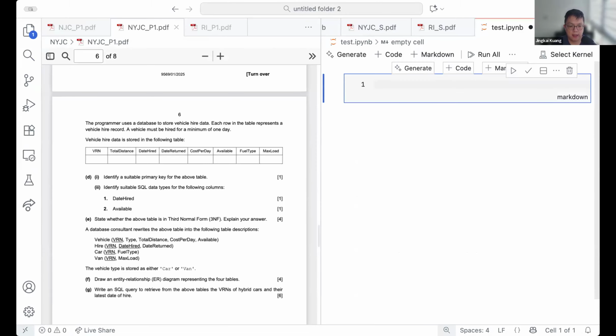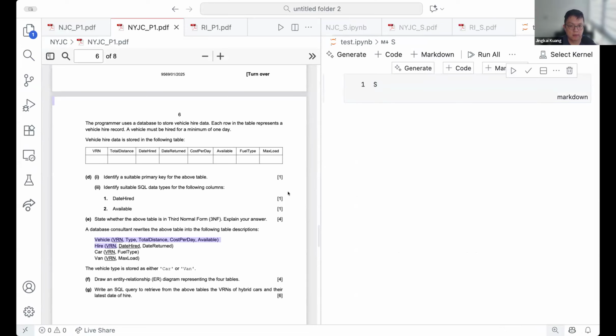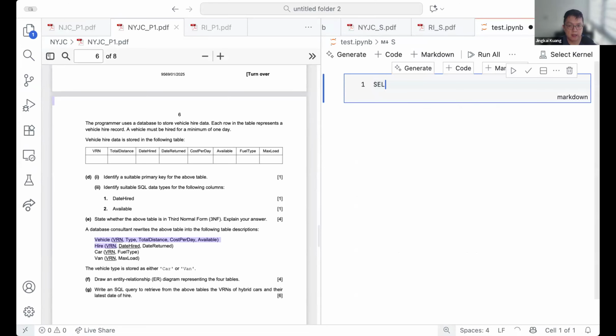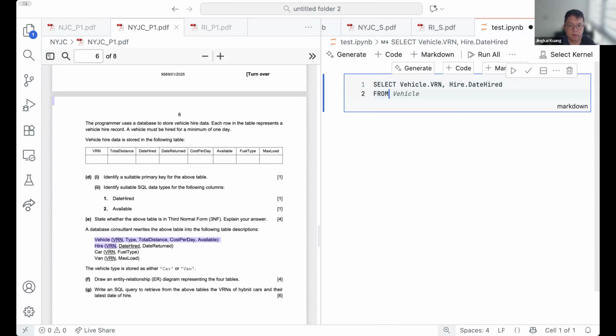So I will select, using the tables here, vehicle dot VRN and then hire dot date hired. From vehicle and hire.